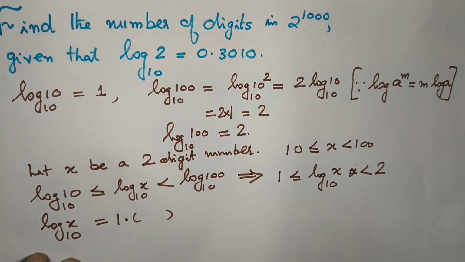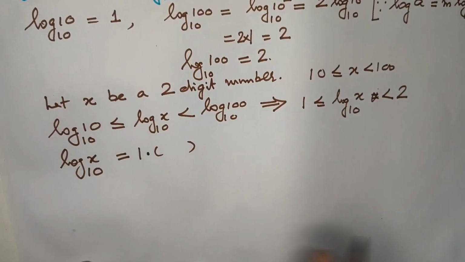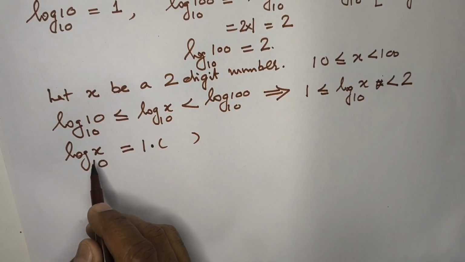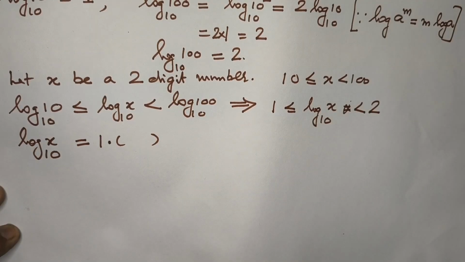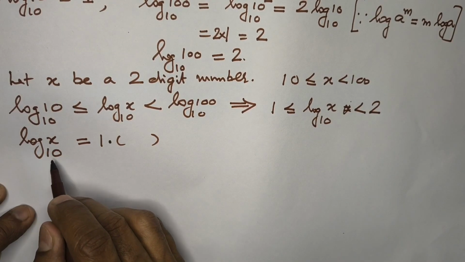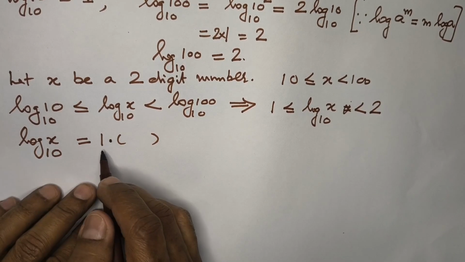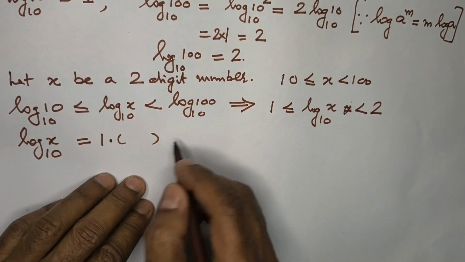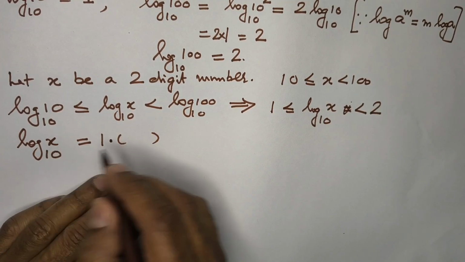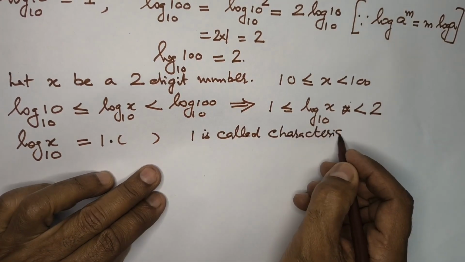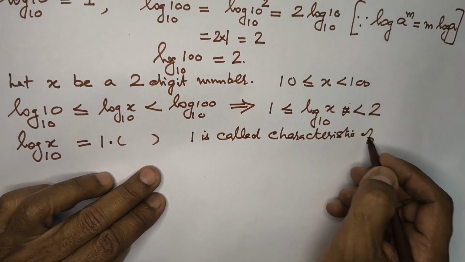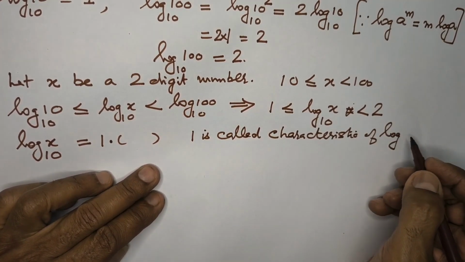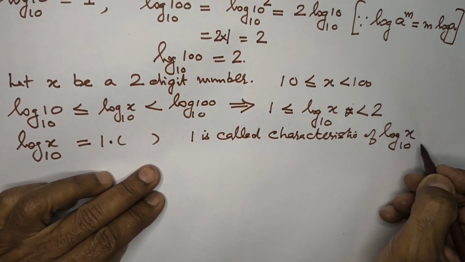That's 1 here. So this is what you can observe. If x is a two-digit number, logarithm of x to the base 10 will be 1 point something, and this 1 is called the characteristic of logarithm of x to the base 10.